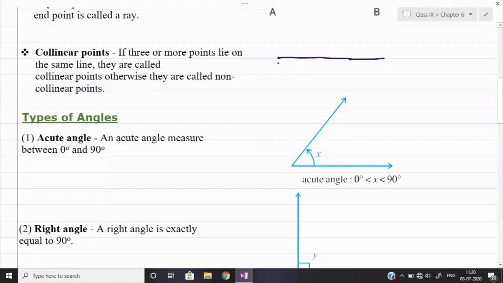If I take one point here, then a second point here and then a third point here, and then observe, I take one point A, a second point B, and here the third point C.